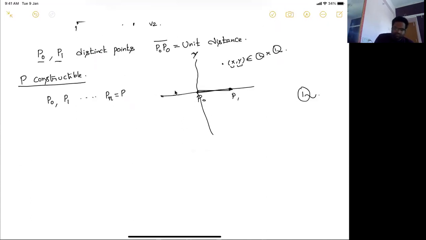We start with P naught and P1, which are these points. So we fix unit length. That's how we begin. And then we construct a sequence of points. If the end point is P, then that point is said to be constructible, such that the following conditions hold. Let S sub j be equal to P naught, P1 to Pj, where j varies from 1 to n.